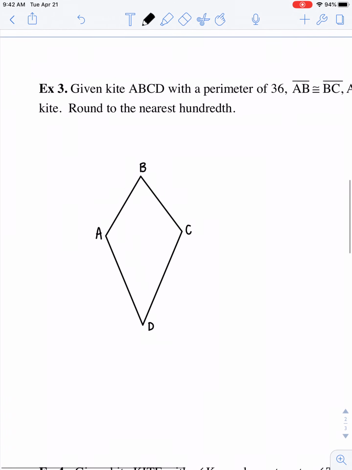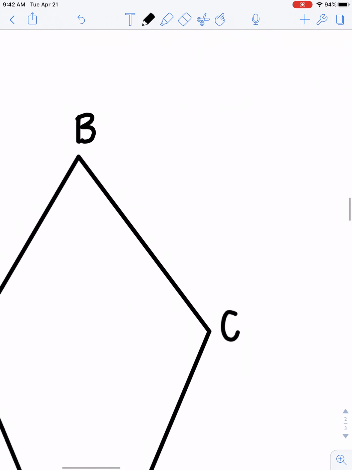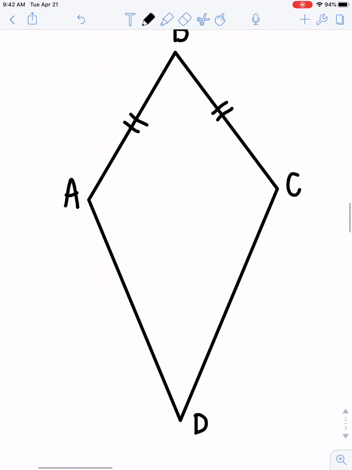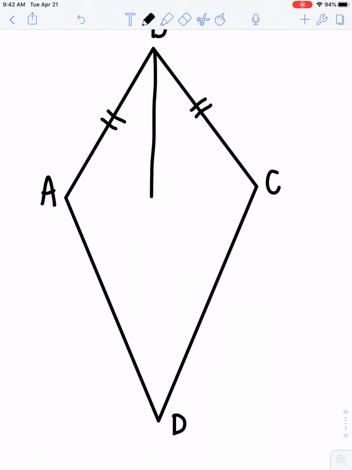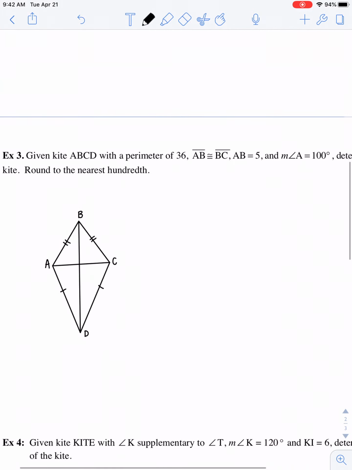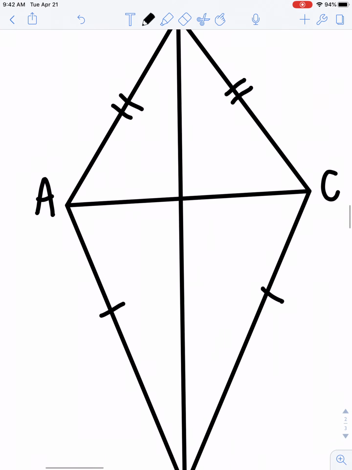Okay, given that AB is congruent to BC, we can say that BD is going to act as our perpendicular bisector. So we can say that AD is congruent to CD. We also know that the angle measure of A is 100 degrees, and we know one of the properties of a kite that would make angle C also 100 degrees.